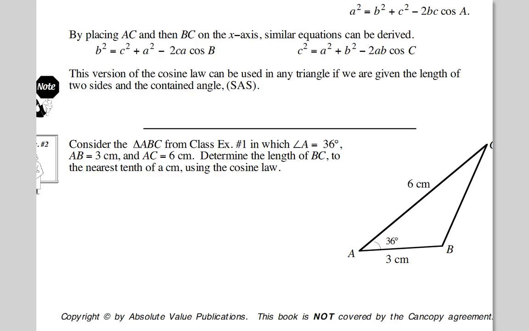On your formula sheets, take a look at the inside cover. Yours will be identical. Inside cover of your book, the back inside cover, in the trigonometry section. It's also on your formula sheet.